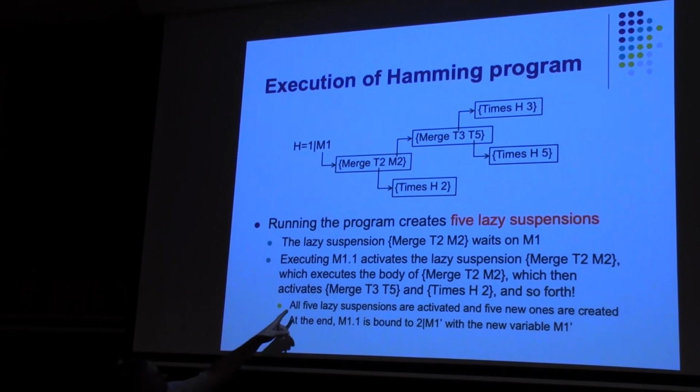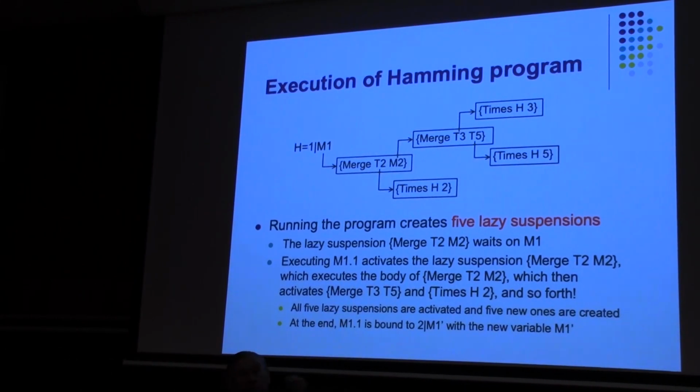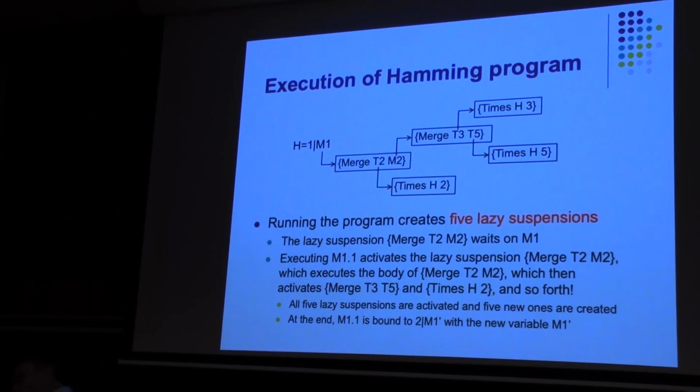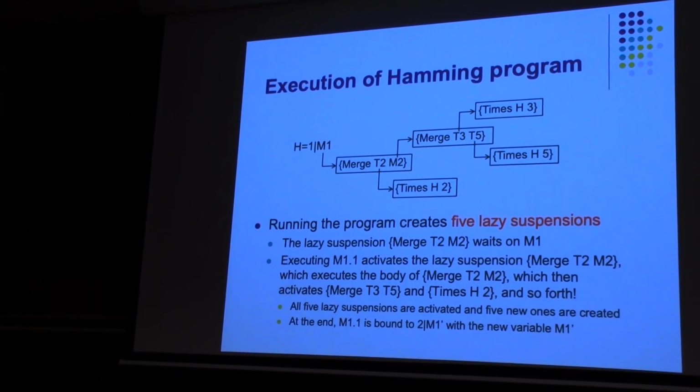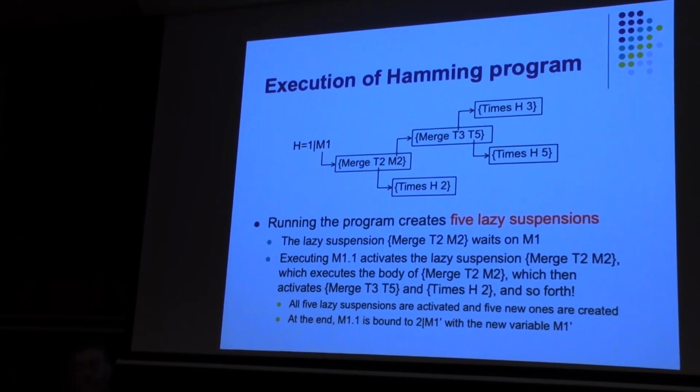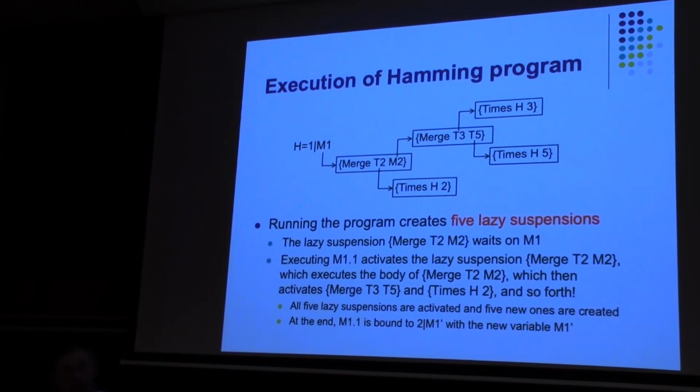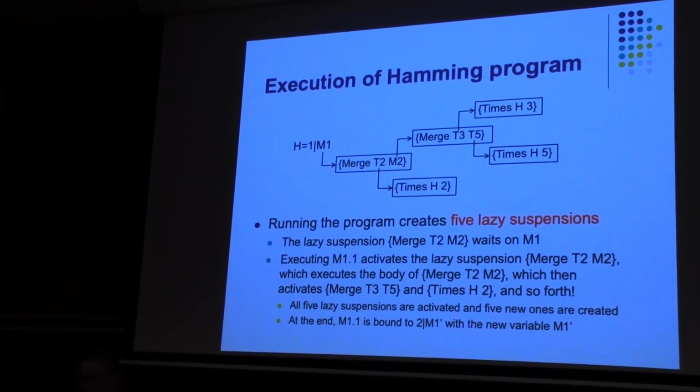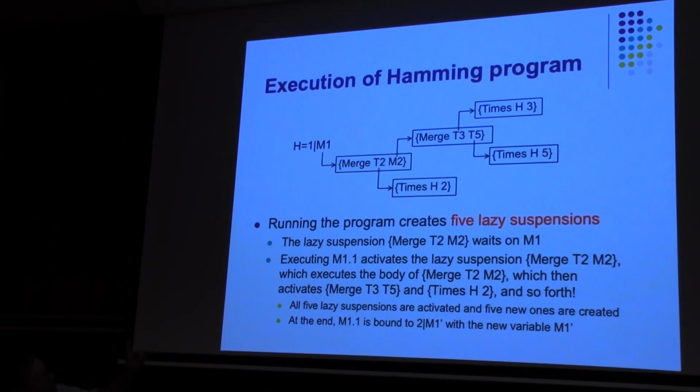So this simple M1.1 does a lot of things, okay? You have to understand that. It seems very simple, but there's a lot of connections between the different mechanisms, okay? So that's something you have to keep in mind.